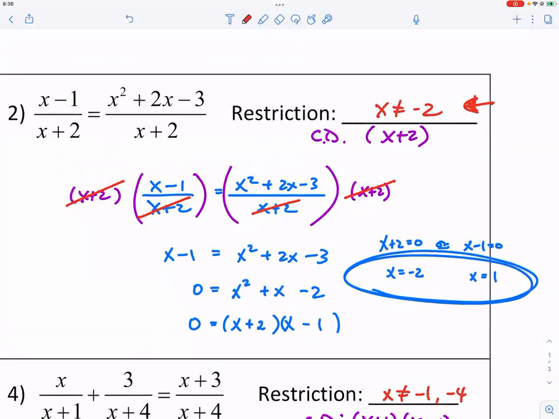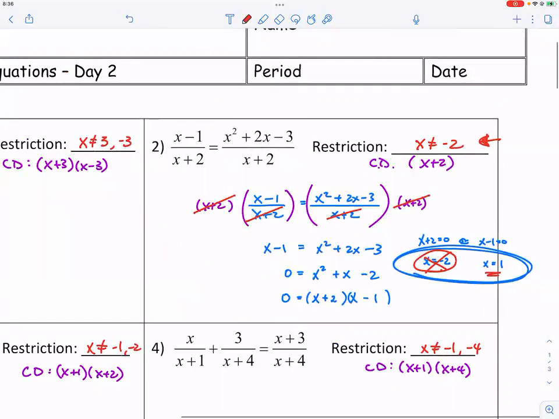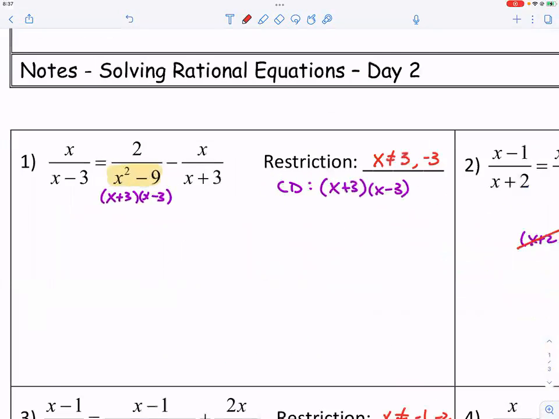So even though we're very excited to find two answers, and one includes a negative 2, well, too bad. That coincides with our restriction, and that cannot be our solution. So our only solution is x equals 1. Okay. All right. So that's number 2, simple one.